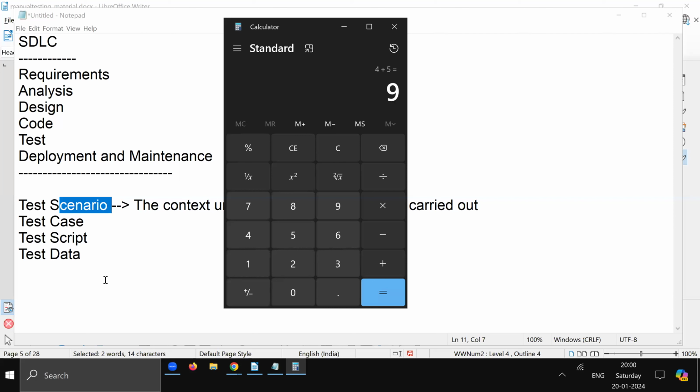But after you complete your testing and certify that plus is working properly, they will ask you, what is the data that you used to verify and find that plus is working correctly? Then you have to tell, I used 4 and 5 like that. The data that you will enter to complete that testing is called test data.